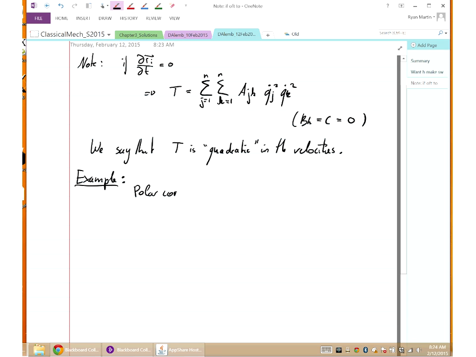In polar coordinates, the kinetic energy is a half mi times r dot squared plus r squared theta dot squared, or phi dot squared in this case, plus z dot squared.